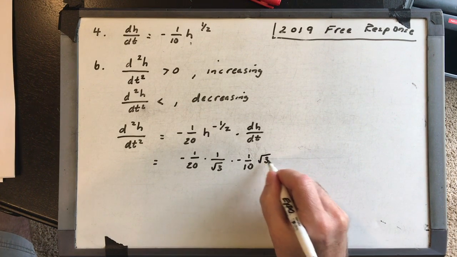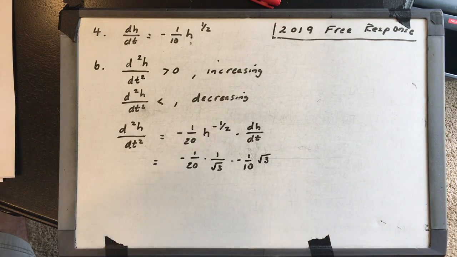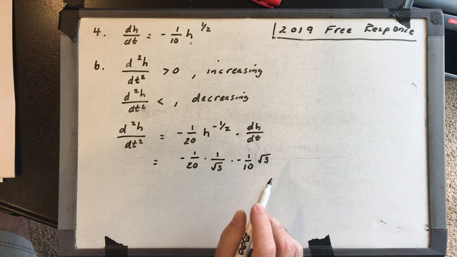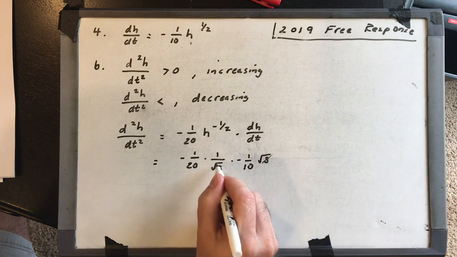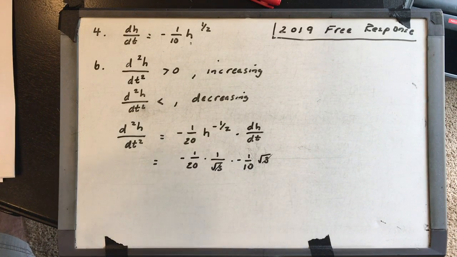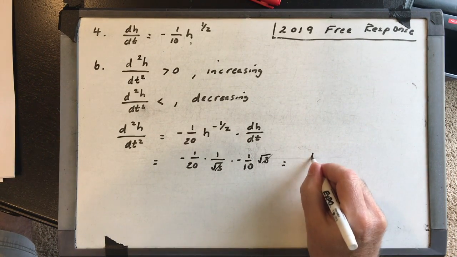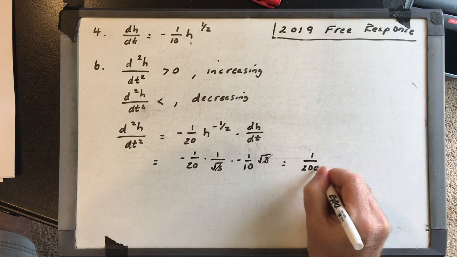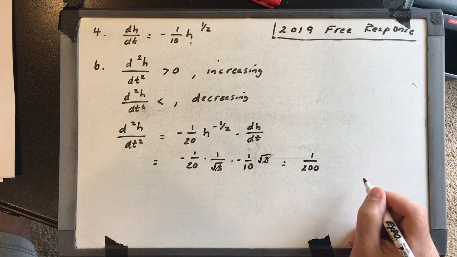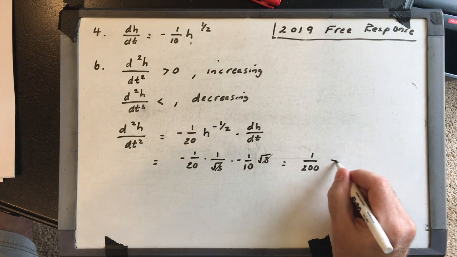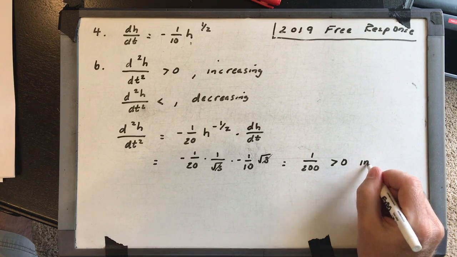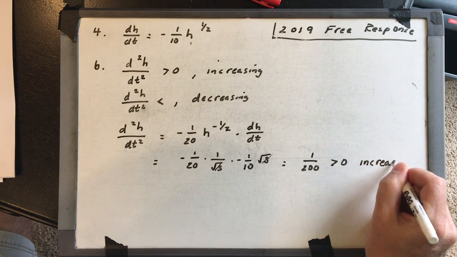That's in the problem, 3 feet. Okay, so the square root of 3's will cancel. Negative negative would make positive, so that's going to be 1 over 200. Okay, so that is greater than 0. So since it's greater than 0, it's increasing.